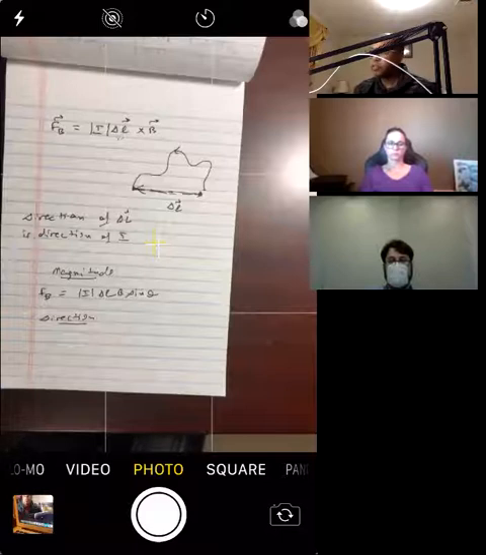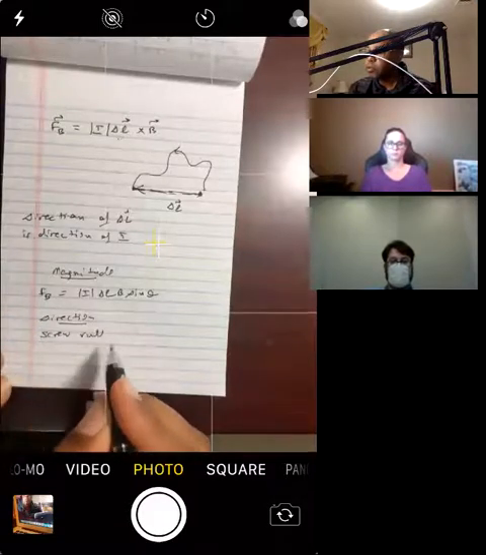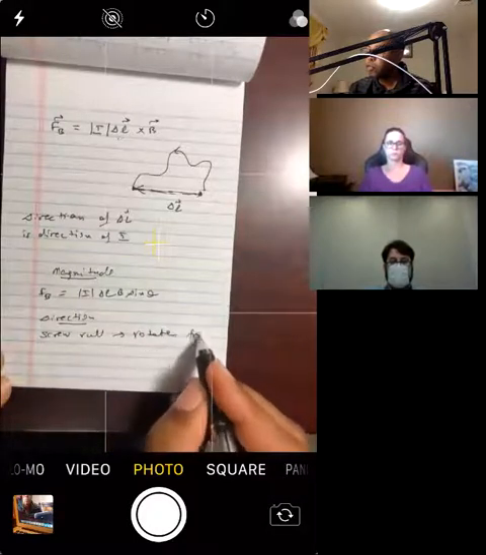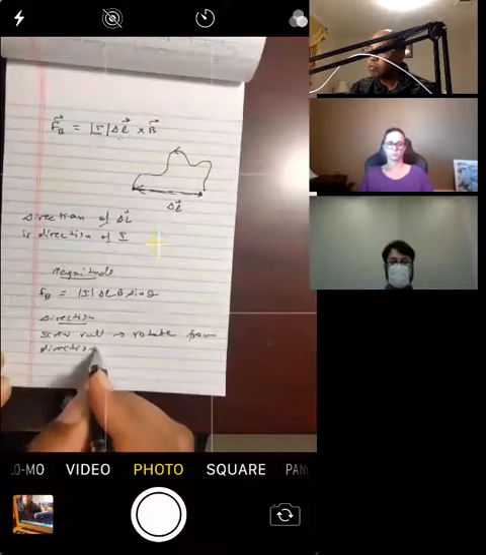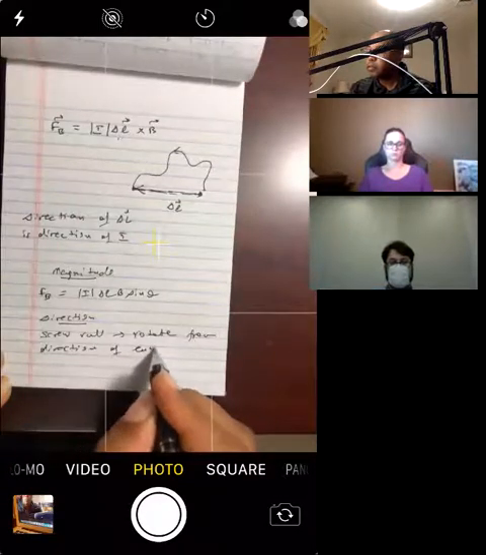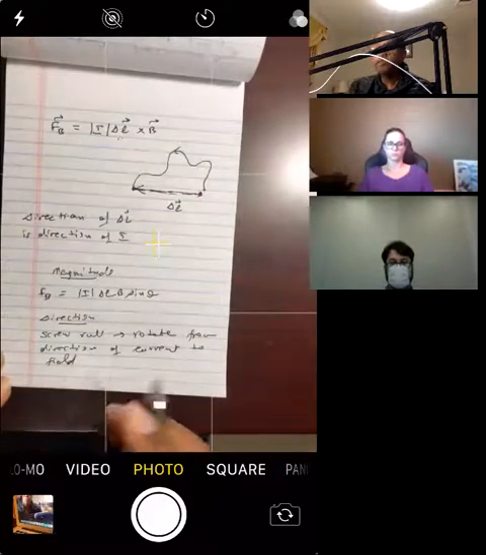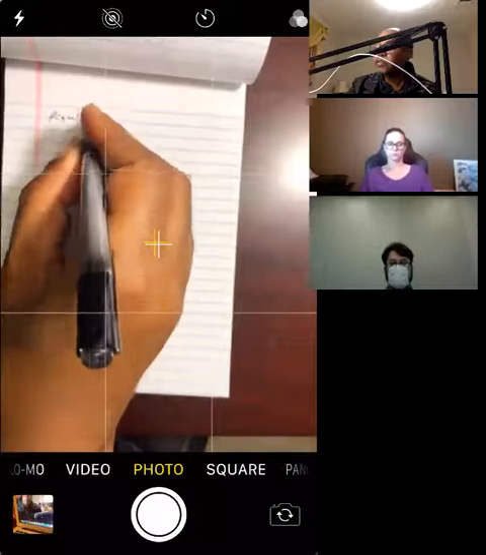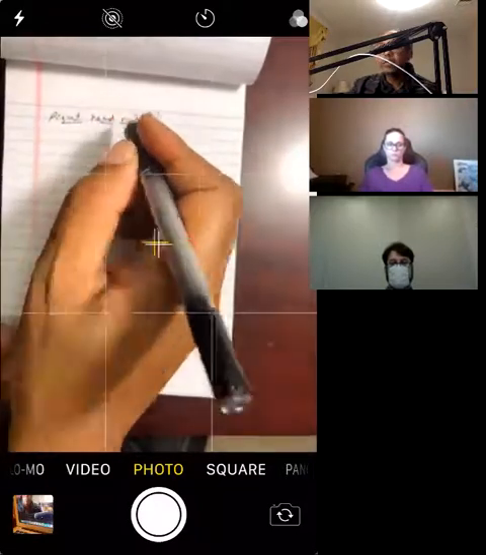So for direction, if you use the screw rule, rotate from direction of current to field. And if you use the right-hand rule, the only difference is the index finger is represented by current.